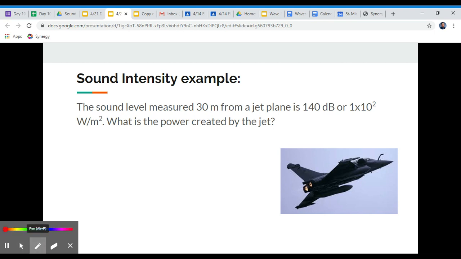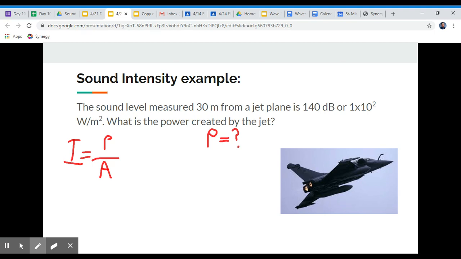Well, remember we said intensity is equal to power divided by area. Power, that is what we're looking for. Intensity, it gives us as 1 times 10 to the second, or that would just be 100 watts per meter squared.